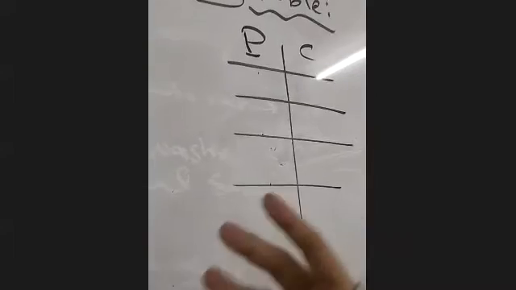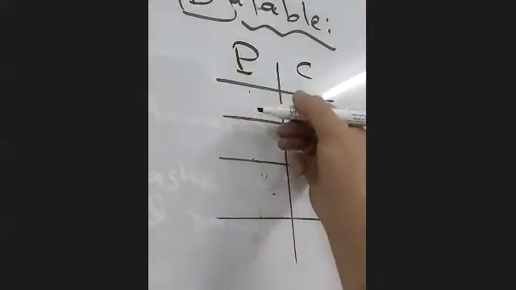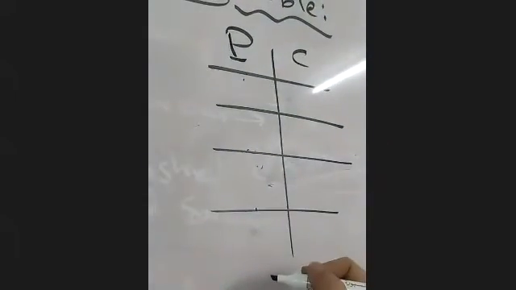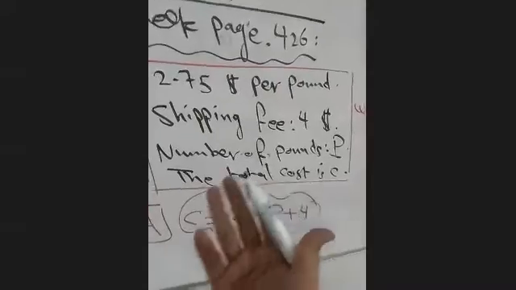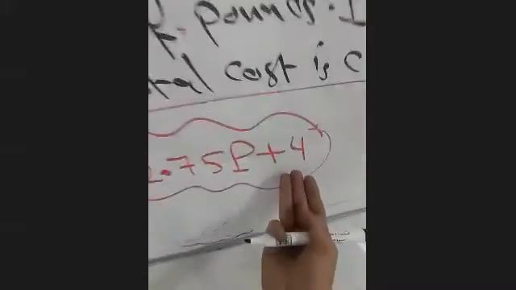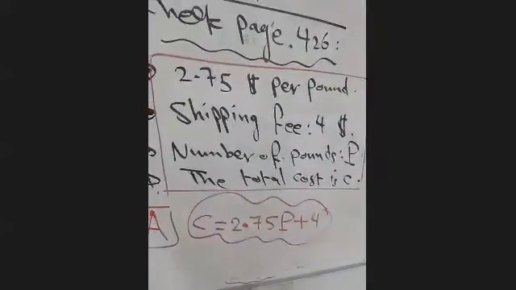But to make it easy for us, we always use 0, 1, 2, 3. When I say 0 pounds, it means I don't want to buy. But if you don't want to buy anything, why would you pay $4 for shipping? It doesn't make sense to choose 0 here.